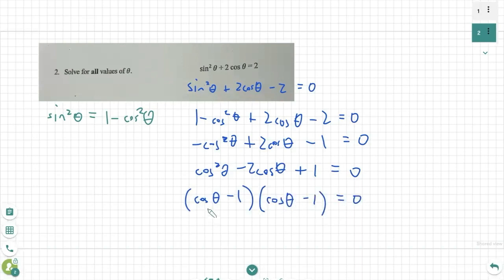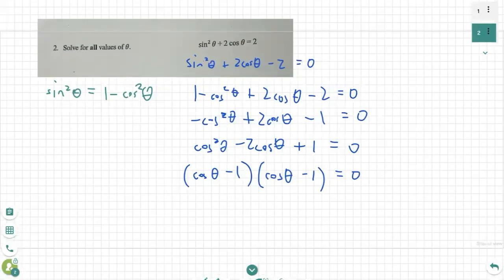So then from there, you set them equal to 0. Cosine theta minus 1 equals 0, plus 1 on both sides. Then you have to find where cosine equals 1. And then on the unit circle, it would be 0 and 180.